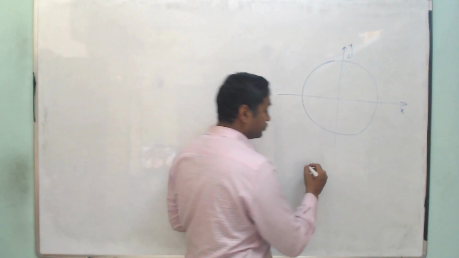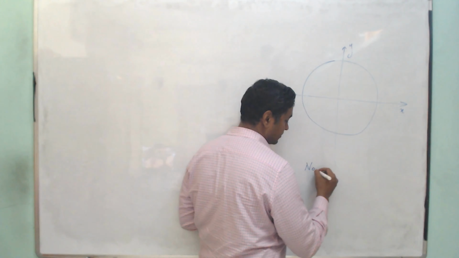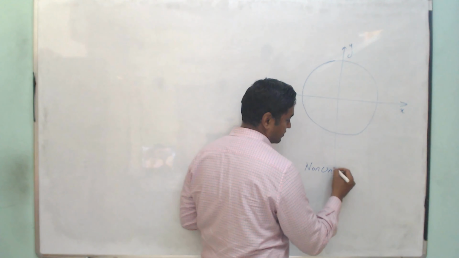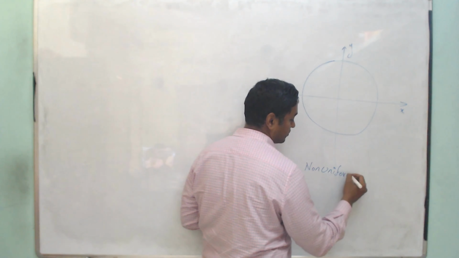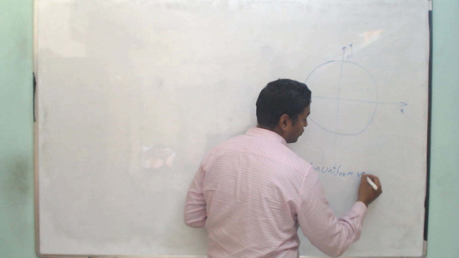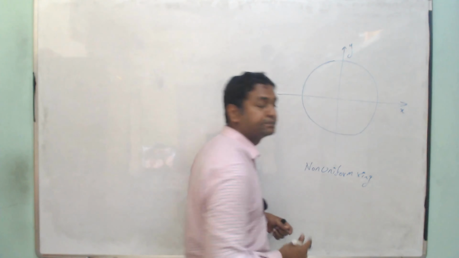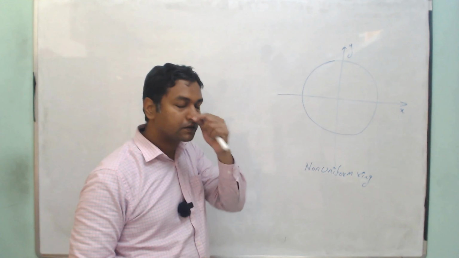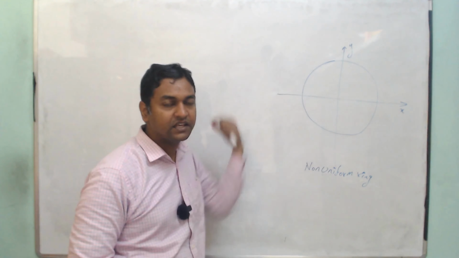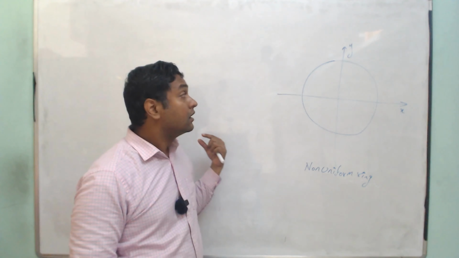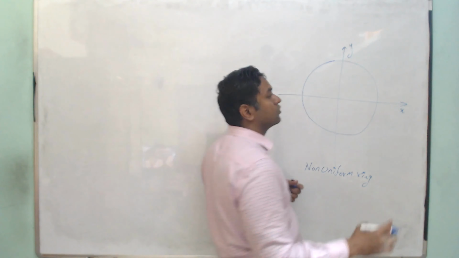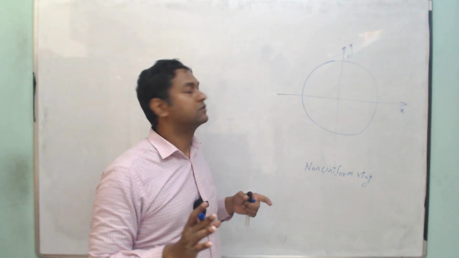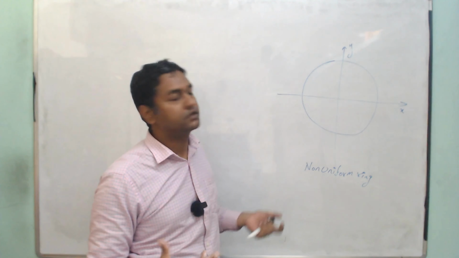This is a non-uniform ring. That means the charge along the ring is not constant, it is varying. Now, again, focus on what that fellow gives in the question.